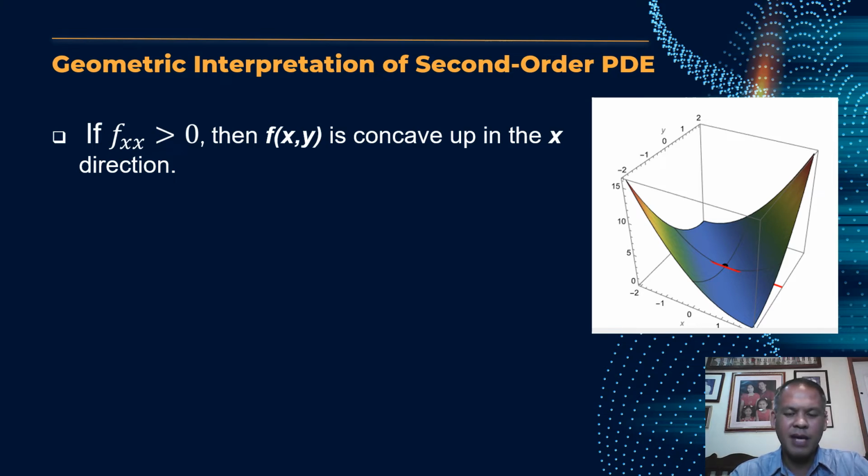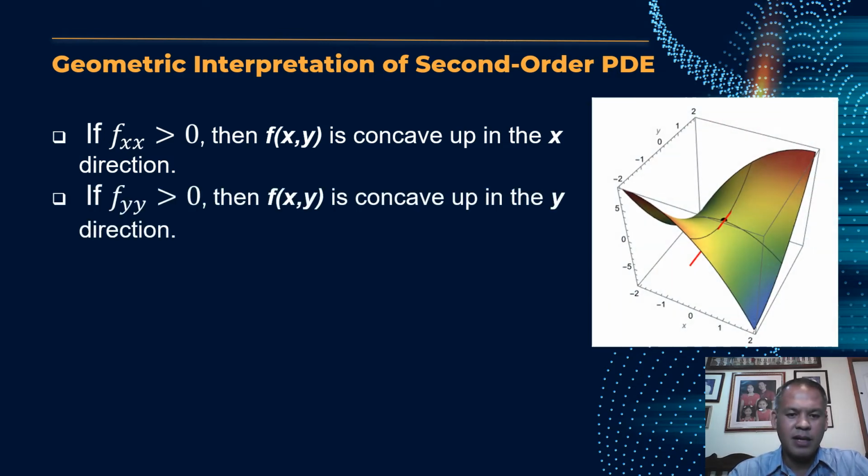So concave up means that it is opening upward. If f sub yy is greater than 0, then f of (x, y) is concave up in the y direction, or that means that it is opening upward in terms of the y direction.